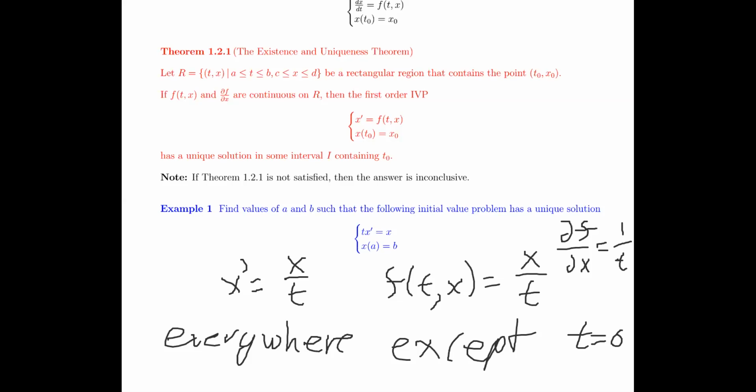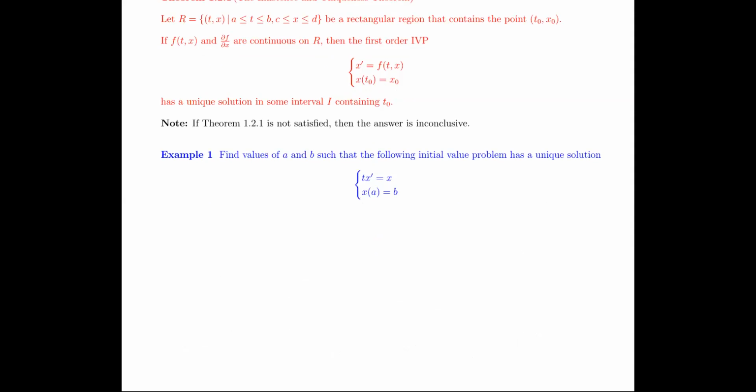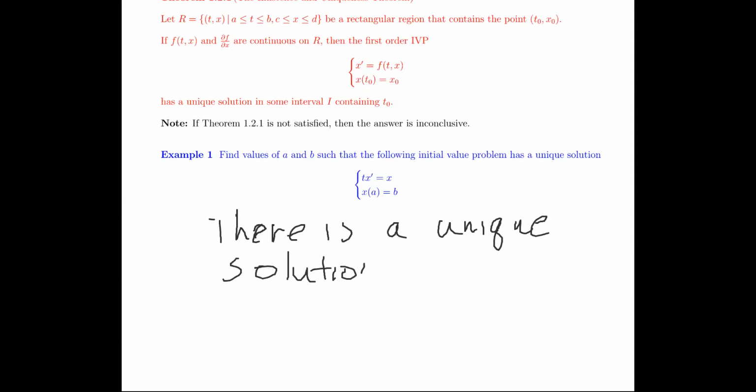So this actually tells us that there is a unique solution as long as t, which is a in this problem, as long as a does not equal 0.